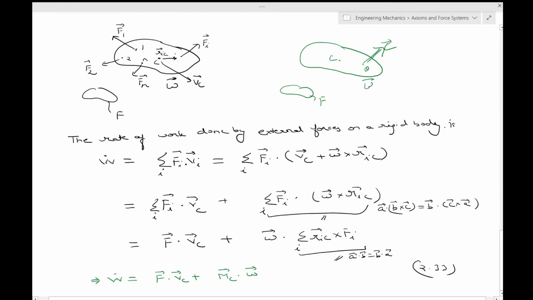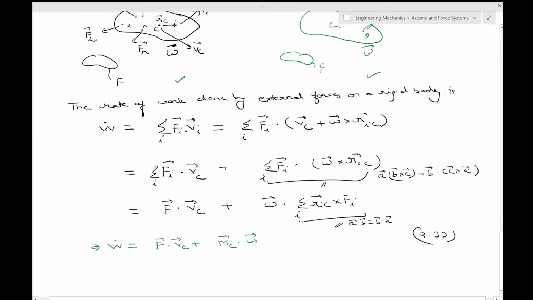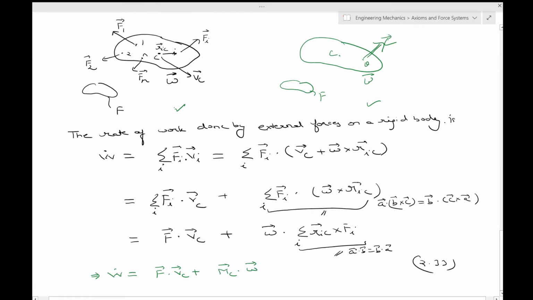This is frame F. Okay, so if you have the total force F and then you have an Mc about the center of mass C, then you can just write this quantity. So both this and this are equivalent force systems, and hence you can say the work done will be the same. So you can replace this complicated force system over here by something which is much simpler, which is having just force and the moment.